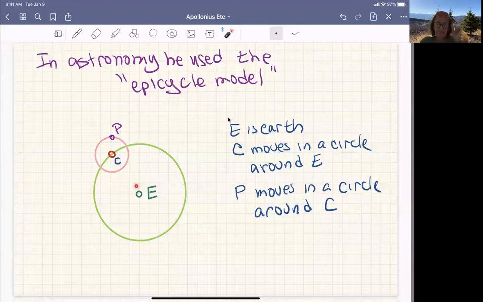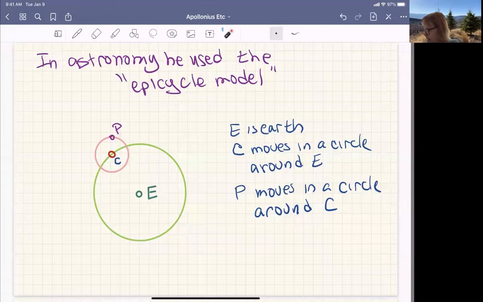And now the thing is, if you actually study the motion of planets, you'll discover that these planets don't move in a perfect circle around the Earth. And so he came up with a different way of viewing it. So a different way of explaining why it's not a perfect circle around the Earth.